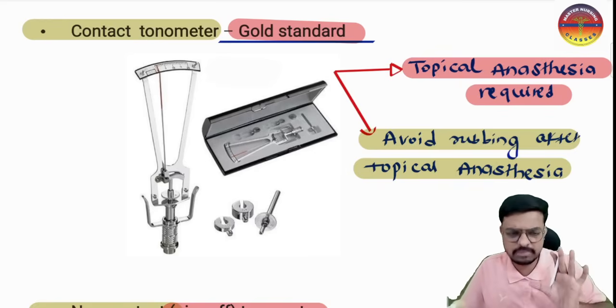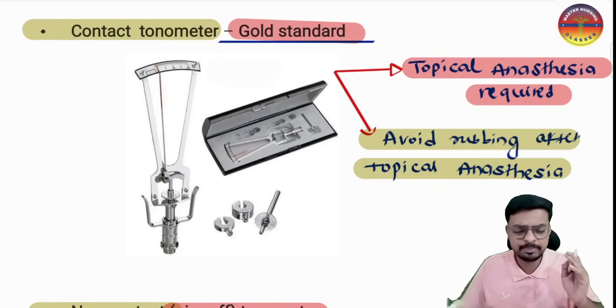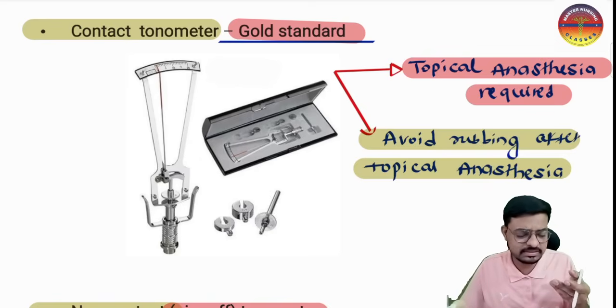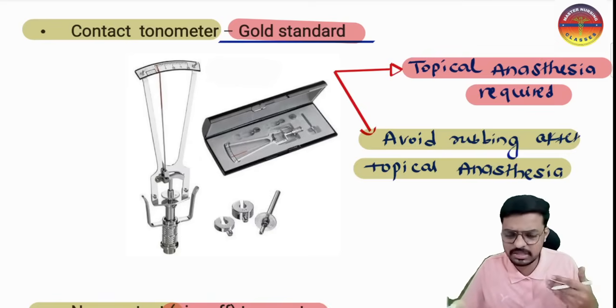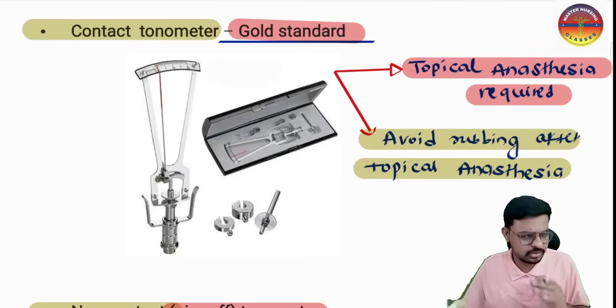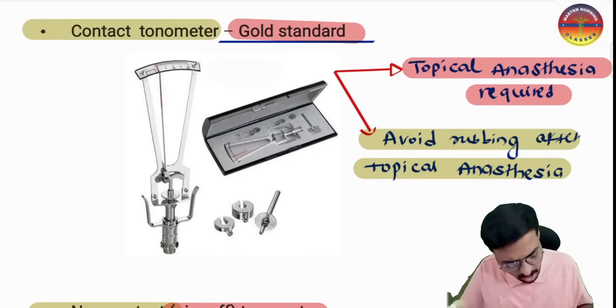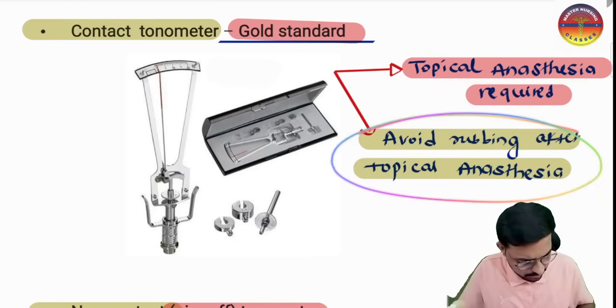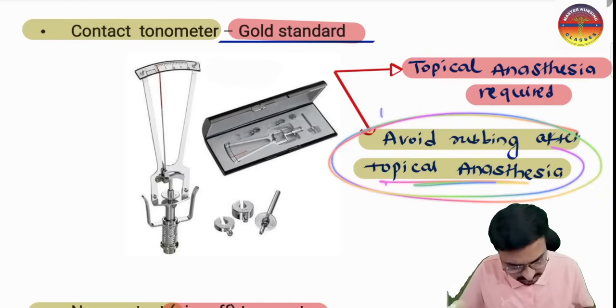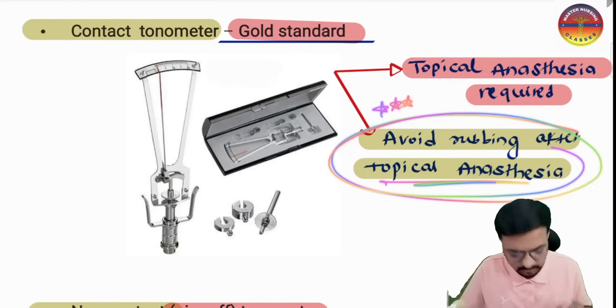There is loss of sensation over the cornea. If the patient rubs, he will not feel it and will rub more, so there is a chance of corneal ulceration or damage to the eye. After topical anesthesia application, avoid rubbing. This is the golden point for your exams.